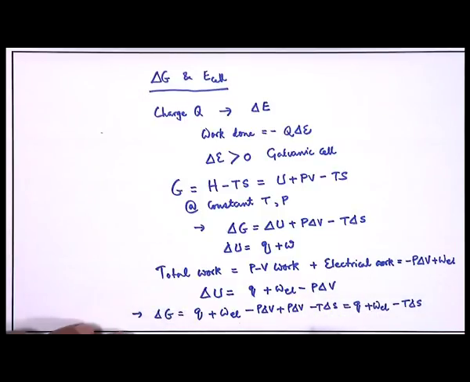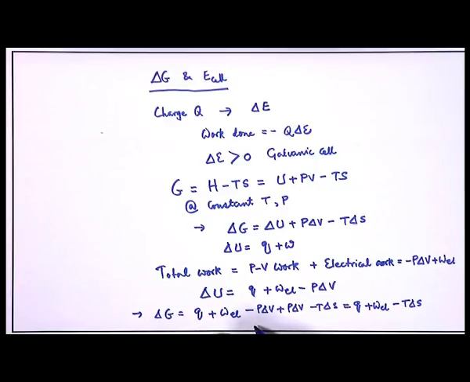Now, for the condition of reversibility, that means if we do not draw much electricity, when the drawn current I goes to 0, that is the limiting condition.